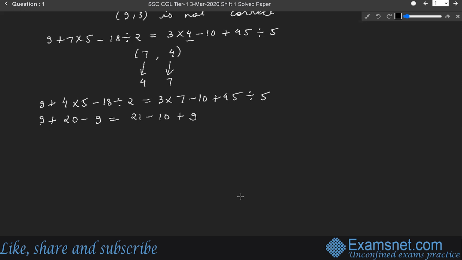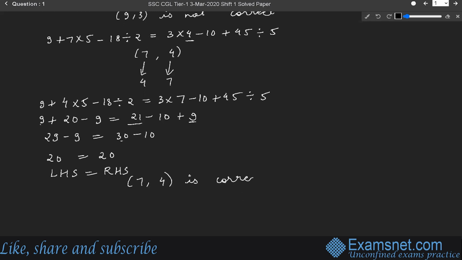Again, 9 plus 20 is 29 minus 9. It will be equal to 21 plus 9 is 30 minus 10. So here you can see that 29 minus 9 is 20 and it is equal to 30 minus 10, which is 20. So in this case, LHS is equal to RHS. So the pair which is 7 and 4 is the correct value.